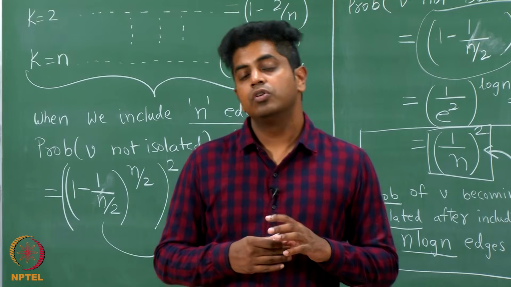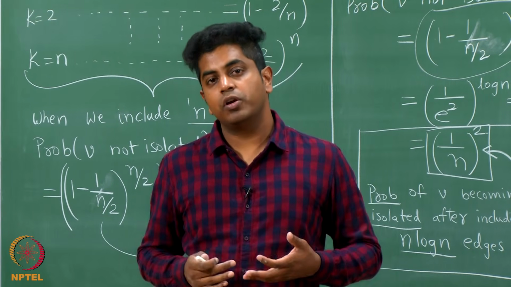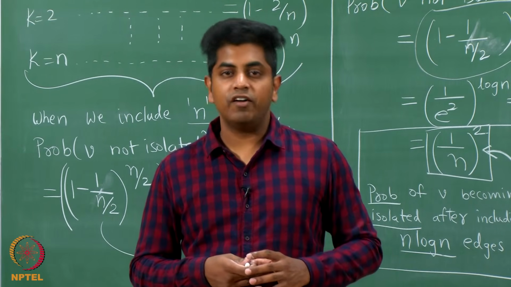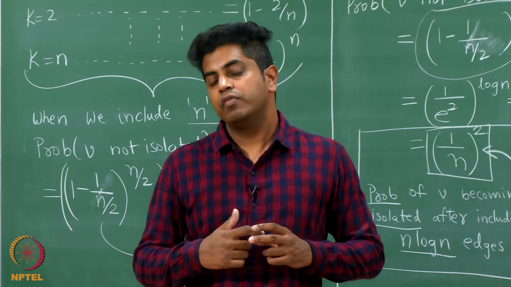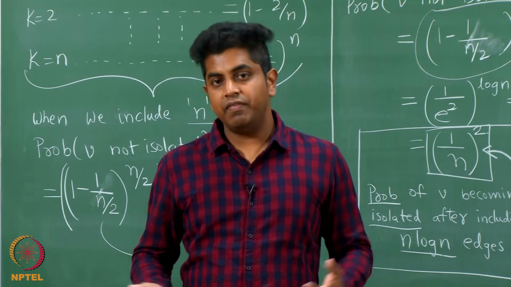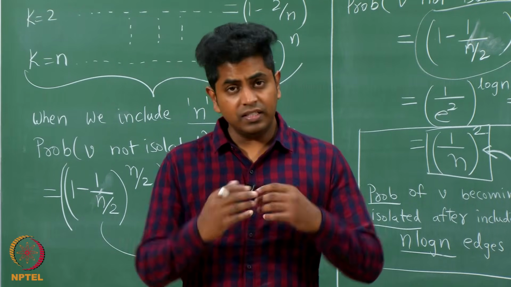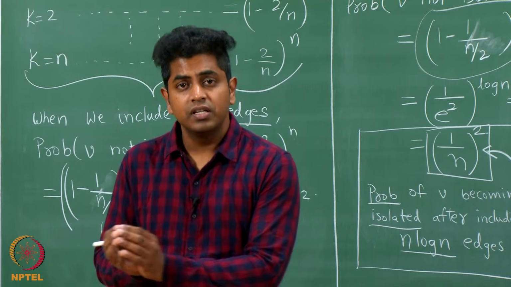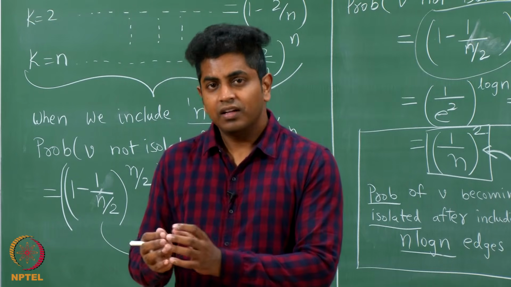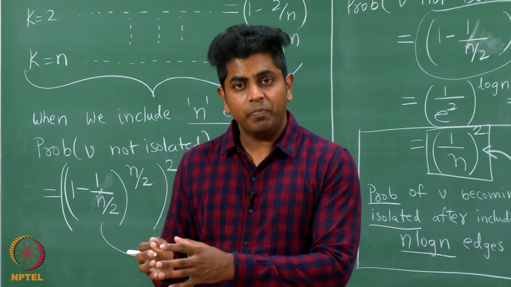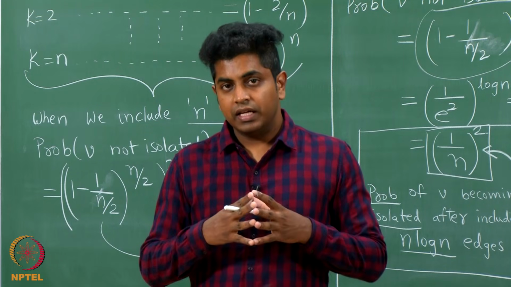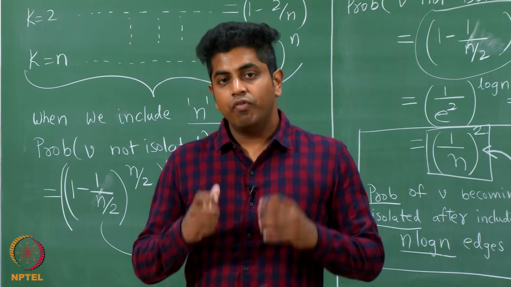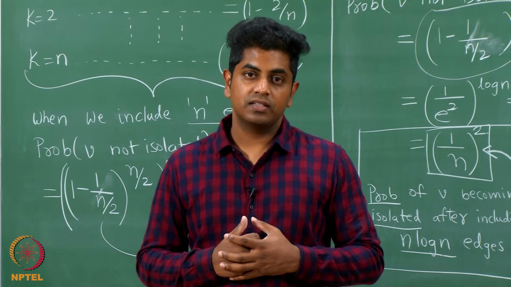Now this tells you that as you keep putting more and more edges, very soon the graph becomes connected. When you put n log n edges, the graph with a very high probability does not have any isolated vertices, does not have any isolated components, having an isolated component is very unlikely, correct? With a very high probability the graph is connected when you put just n log n edges.